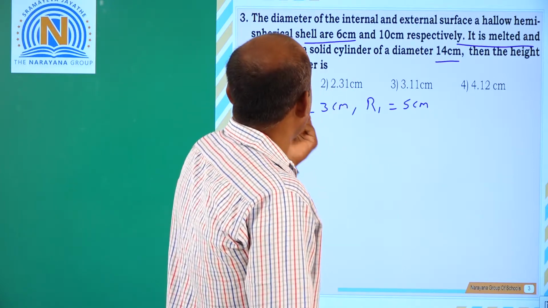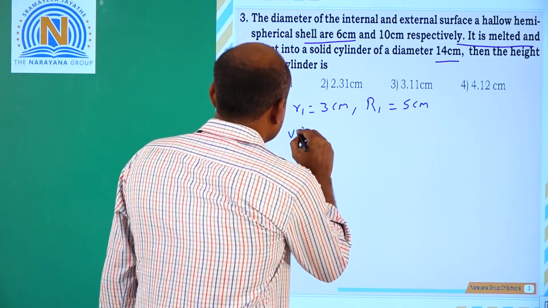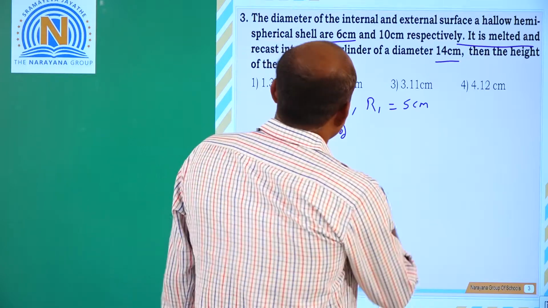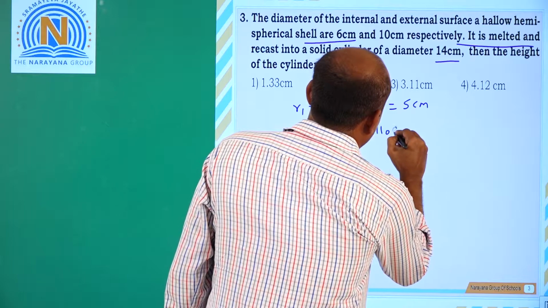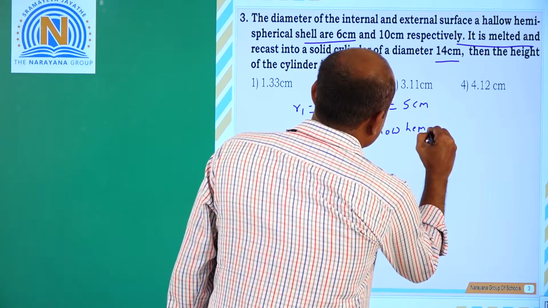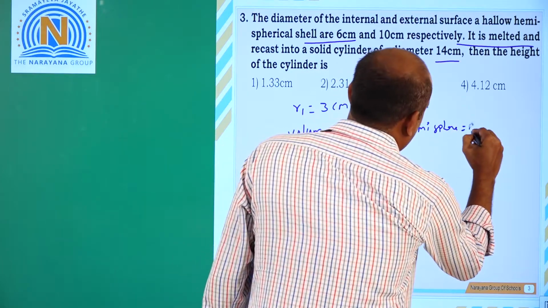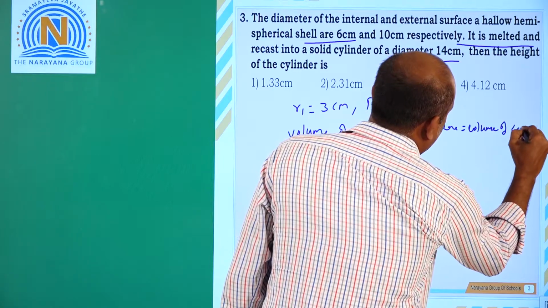It is melted and recast into a cylinder, which means the volume of the hollow hemisphere is equal to the volume of the cylinder.